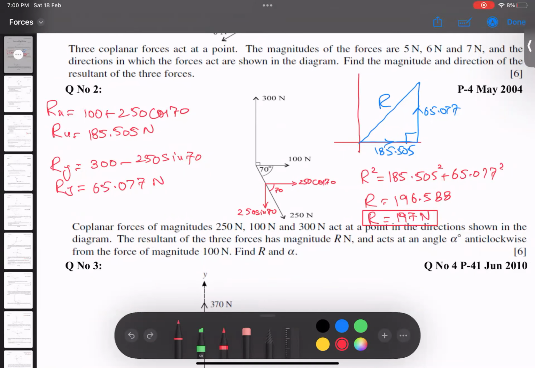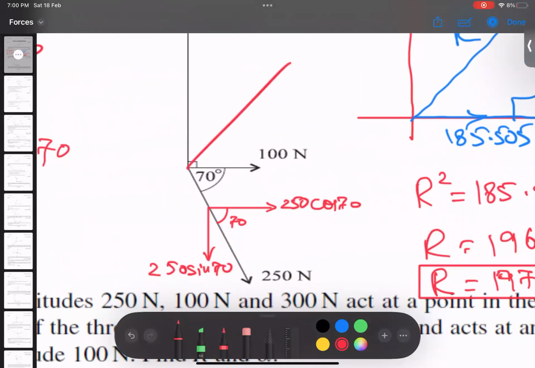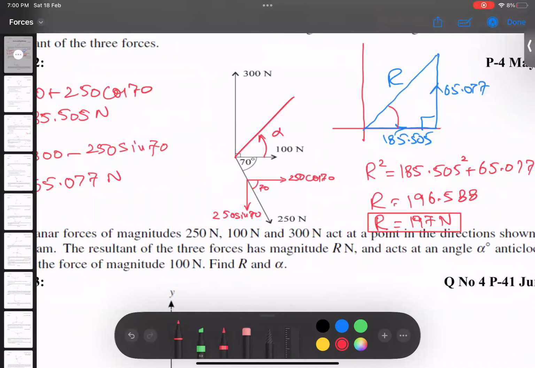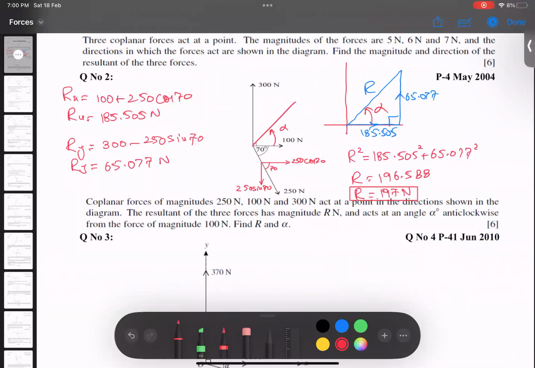I repeat, he says the resultant of the three forces is R, making an angle alpha anti-clockwise from the force of 100 newtons.